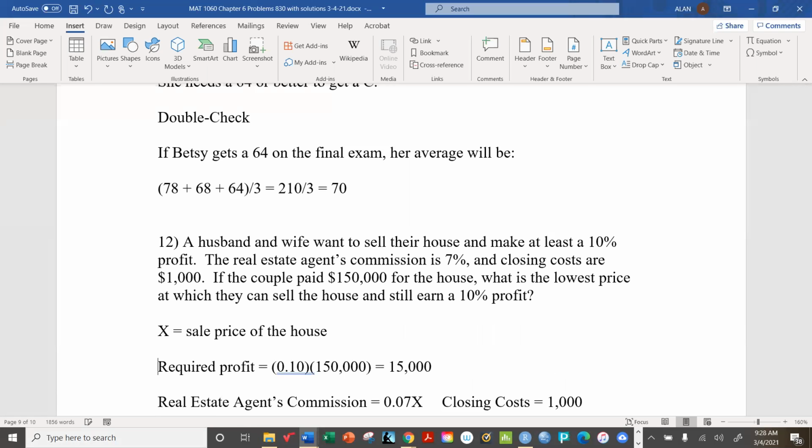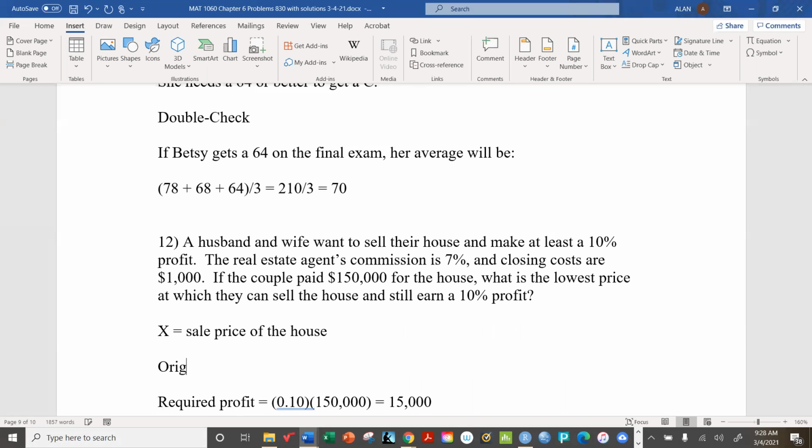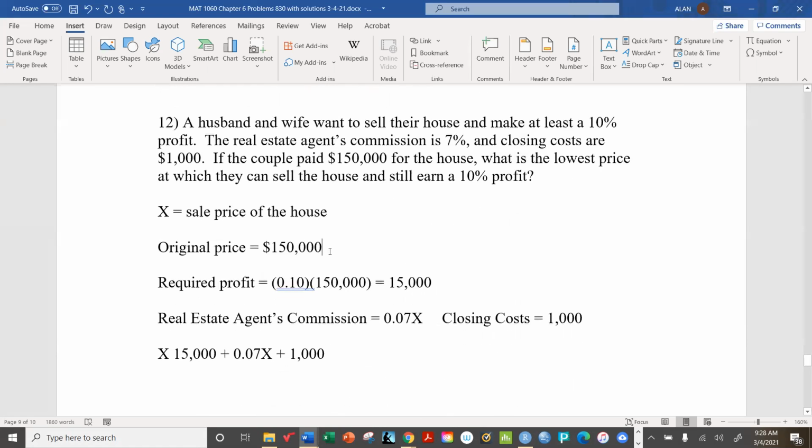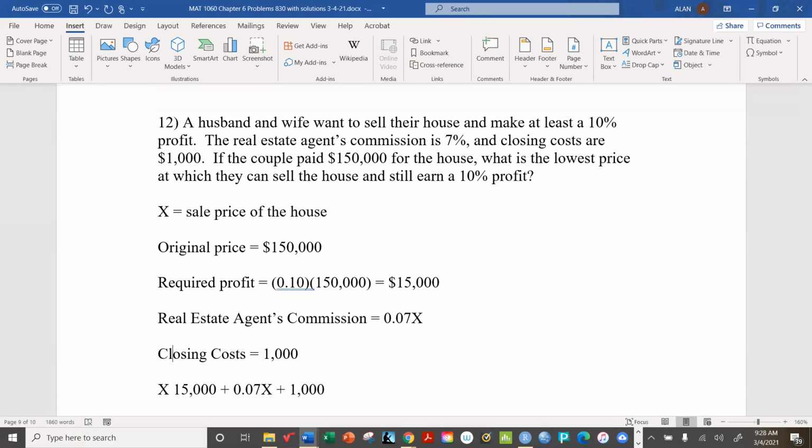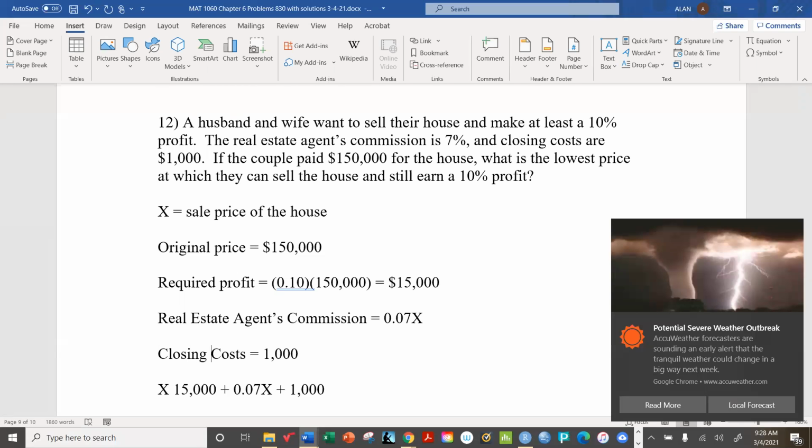All right, let me add one more thing here. The original price of the house is 150,000. So, all right, let's do it this way. Original price is 150. The profit they need is 15,000. The commission is 7% of the sale price, and the closing costs are $1,000. Now we've got it. Okay.